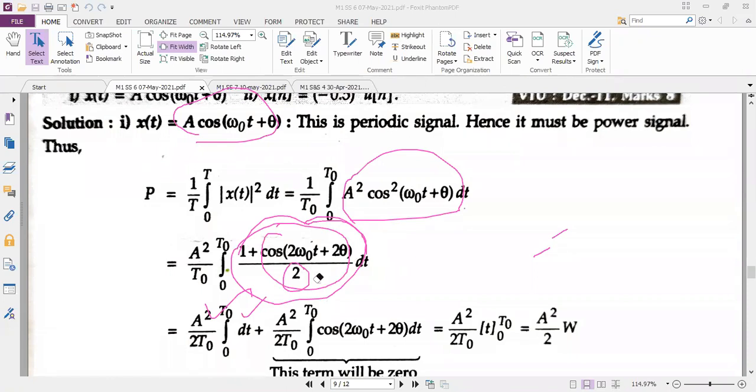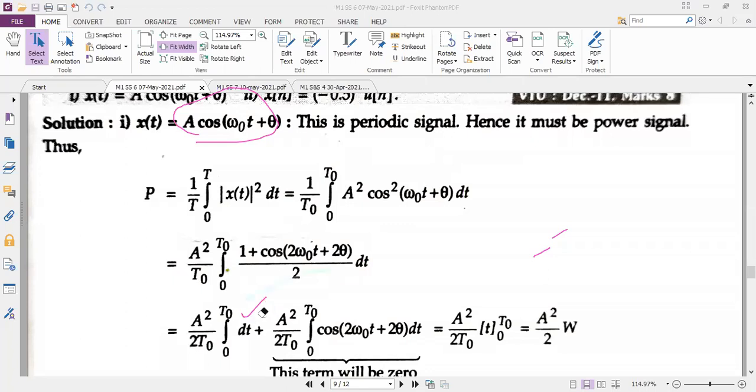Can anybody tell me why the limit is changed to T naught instead of T? Is my question understandable? Omega naught, ma'am. Very good, because of that reason I'm taking it as T naught. Okay, good.